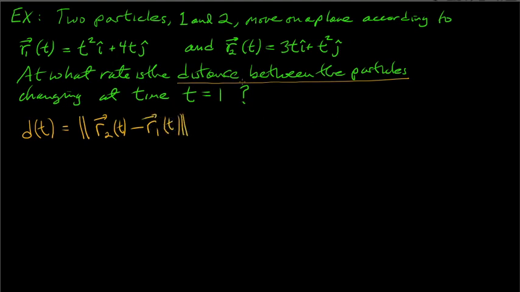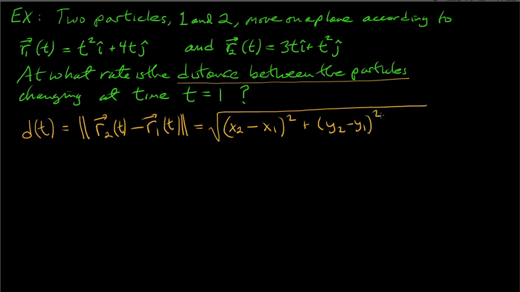It's just the norm of that vector. In other words, it's going to be the square root of x2 minus x1 squared plus y2 minus y1 squared, where they're all functions of time. So, the usual distance formula.